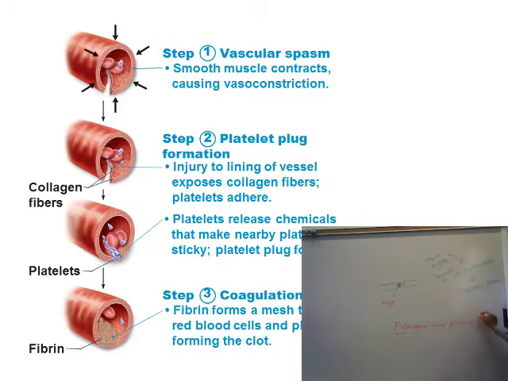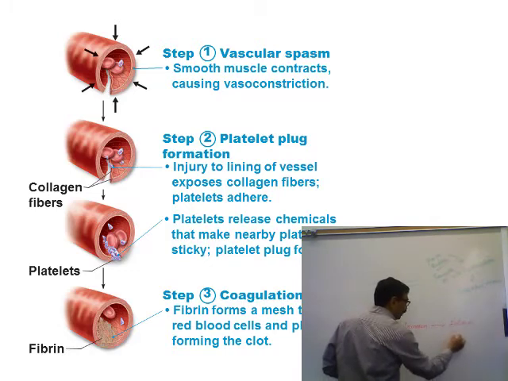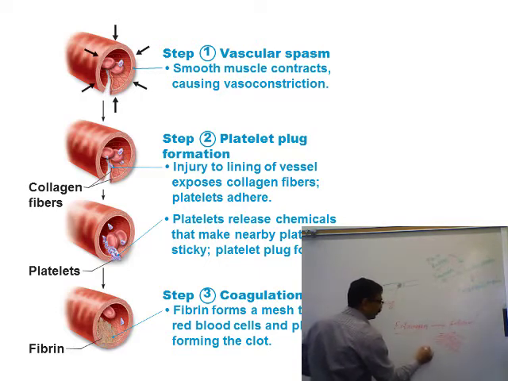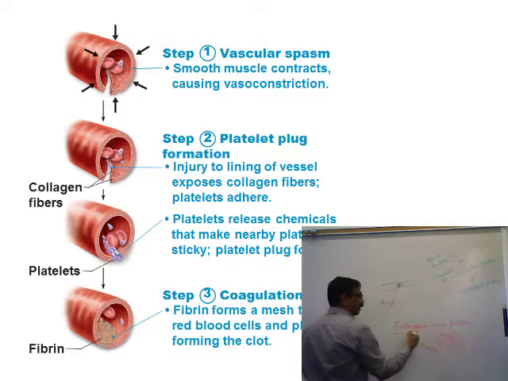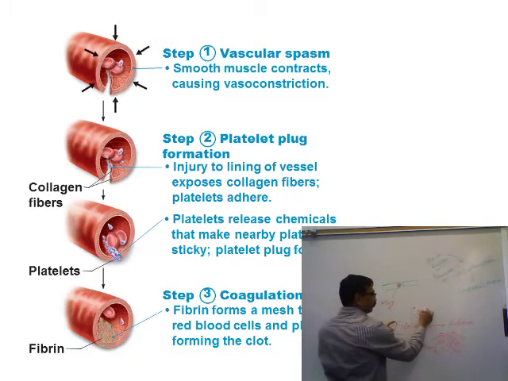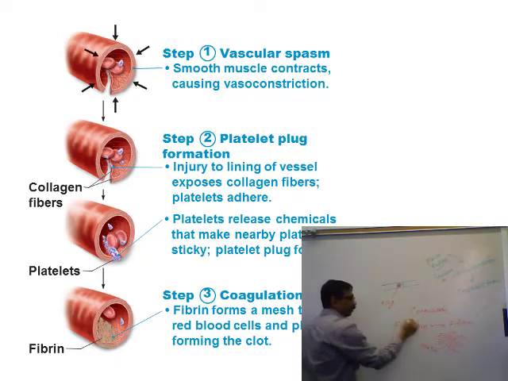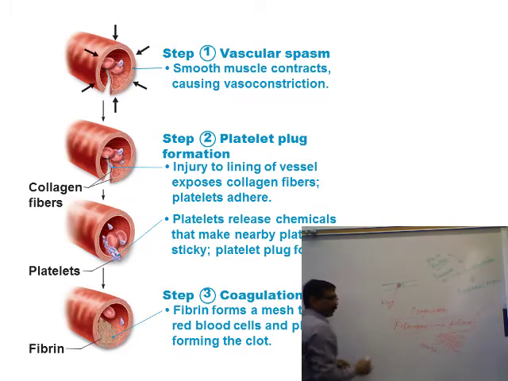Fibrin is fiber. So many fibrin fibers will get attached to each other to form the mesh. I showed you this in the last class. So fibrin mesh will form, and this is coagulation. Production of fibrin from fibrinogen.